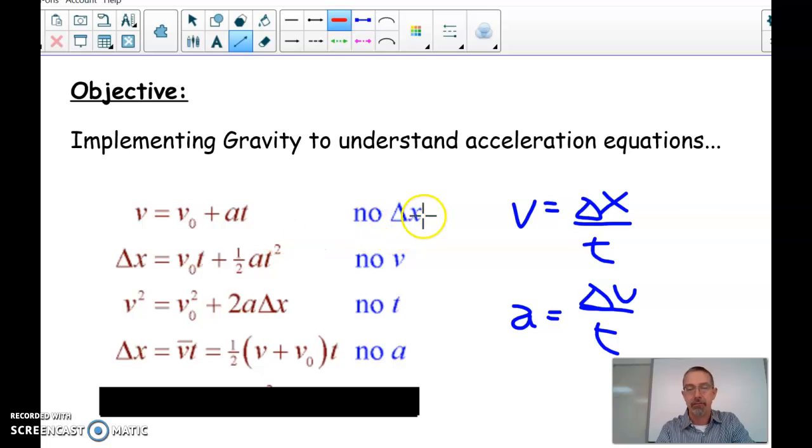So if I don't have my displacement, I can figure out my final velocity by using this equation. If I don't have my final velocity, I can figure out my displacement using this equation. If time is not provided, I can figure out these variables. And if acceleration is not provided, I can figure out these things. Okay, so all those should be in your toolbox. If not, please add them to your toolbox because they're going to come in handy.